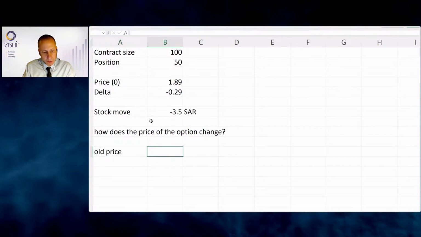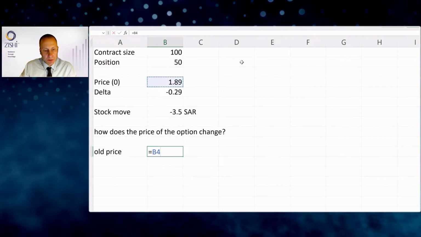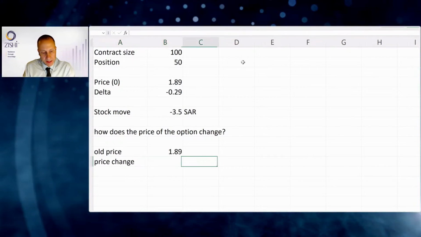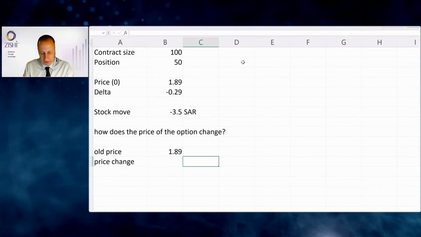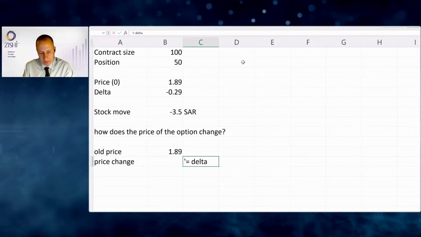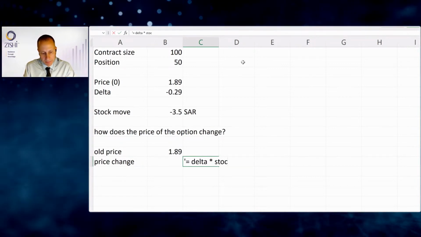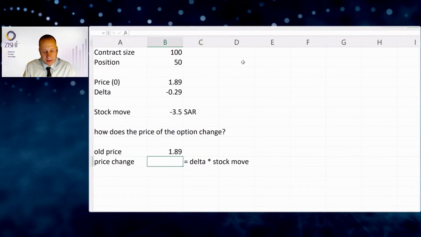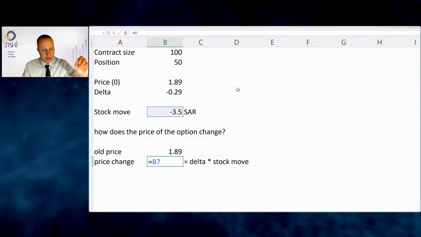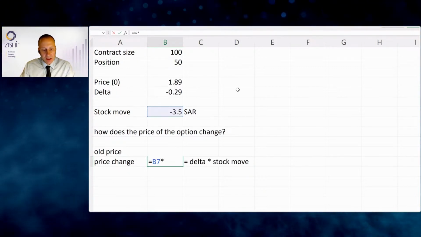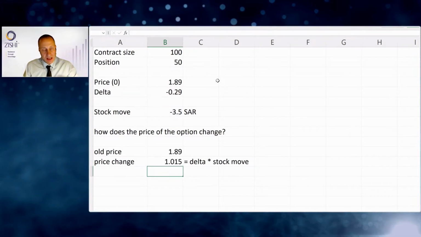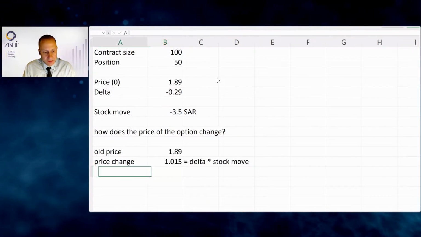So we'll start with its old price. Its old price, of course, is 1.89. And then I'm going to get a price change. And the price change is going to be equal to delta multiplied by the stock move. So my price change here, if I multiply the stock move, which of course is a negative number because the stock's gone down, and I multiply that by the negative delta of the put, I'm going to get a positive movement in its price.